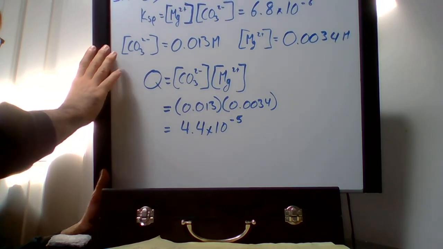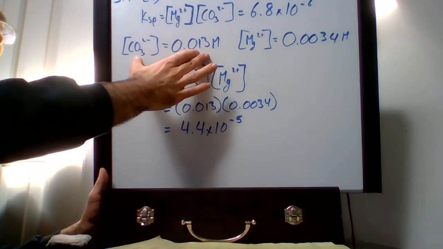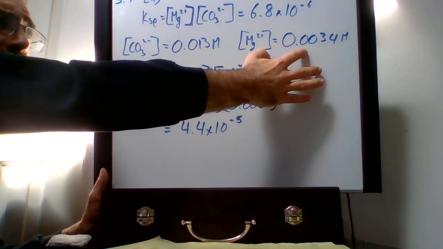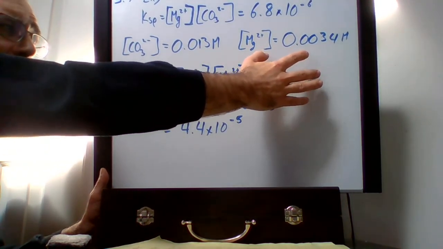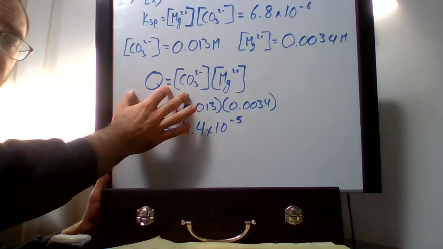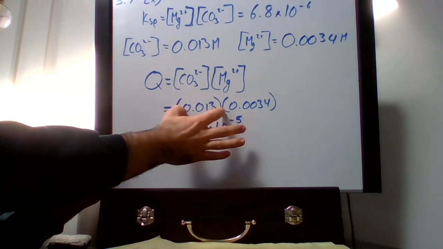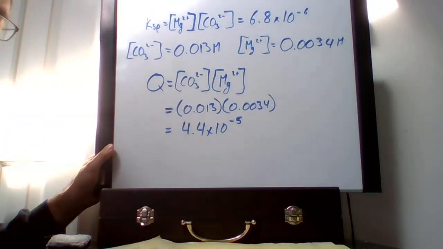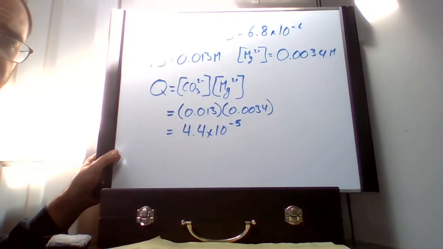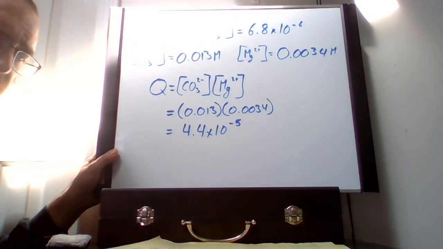Now, if we are looking down here, what we have is 0.013 molar carbonate and our 0.0034 molar in magnesium. So we're going to use those values to get our Q, our trial KSP. Just going to plug those two values in, multiply them out, and we see that we have a 4.4 times 10 to the negative 5 for our Q.